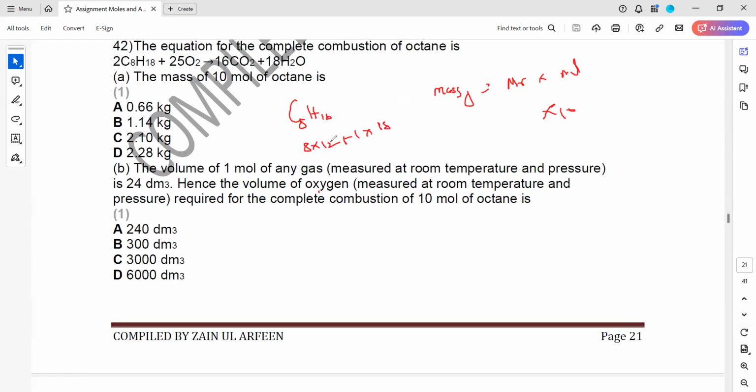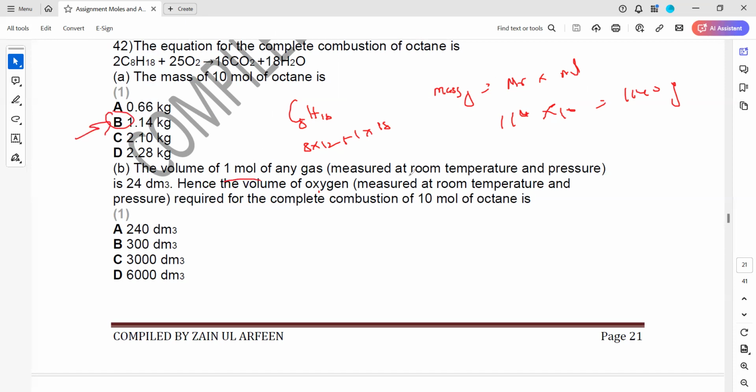That will make 96, and 96 plus 18 will be 114. So 114, you will multiply by 10, and that will give 1140 gram. But the options are in kg, so you divide by 1000. When you divide by 1000, you get 1.14 kg.